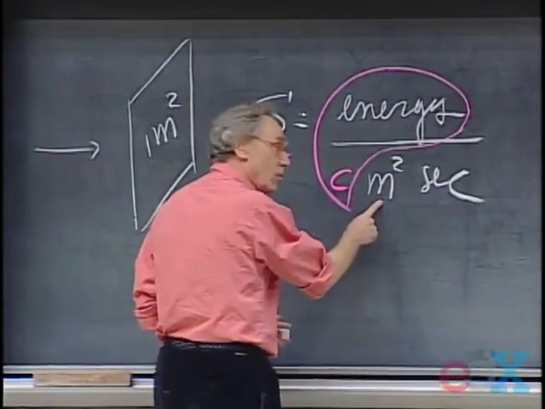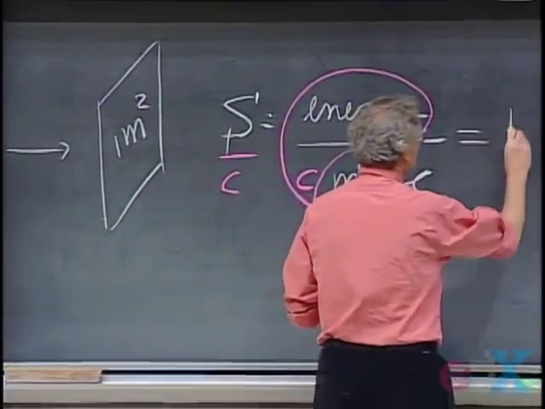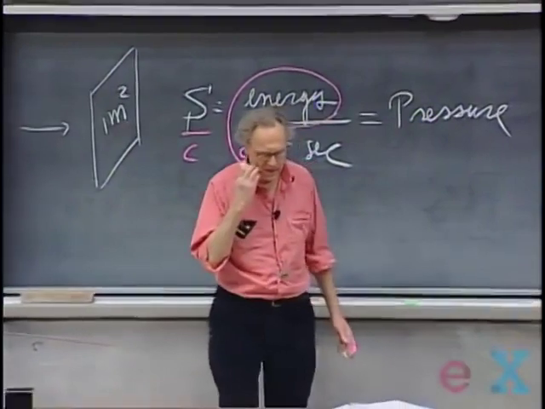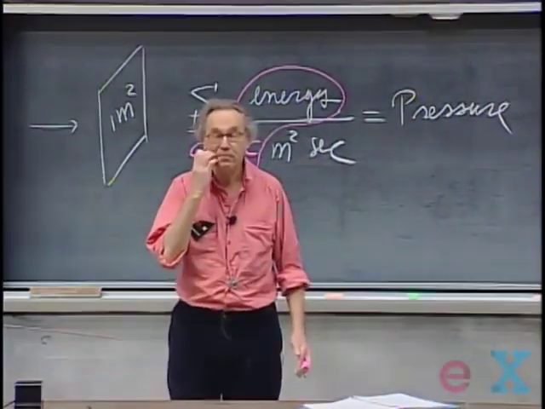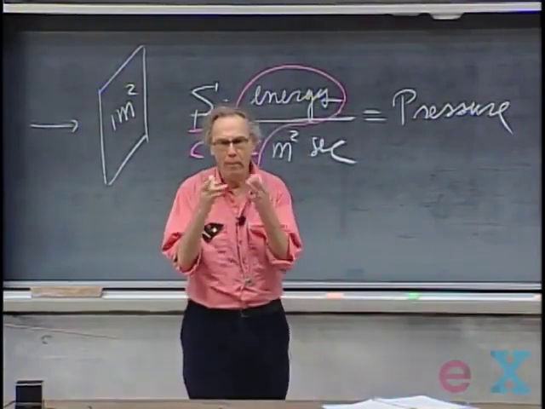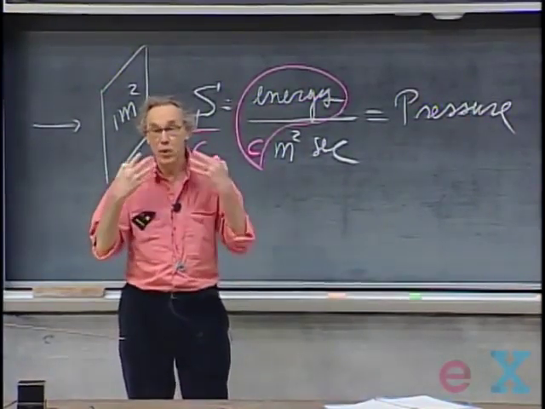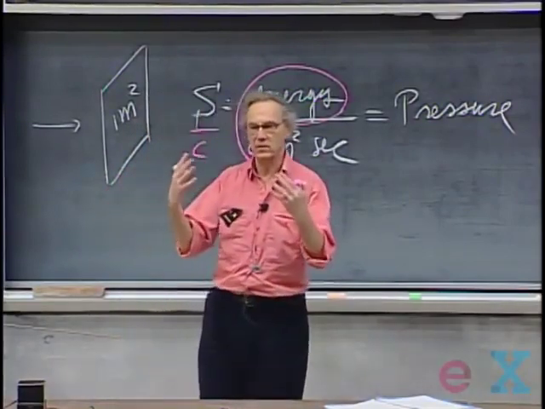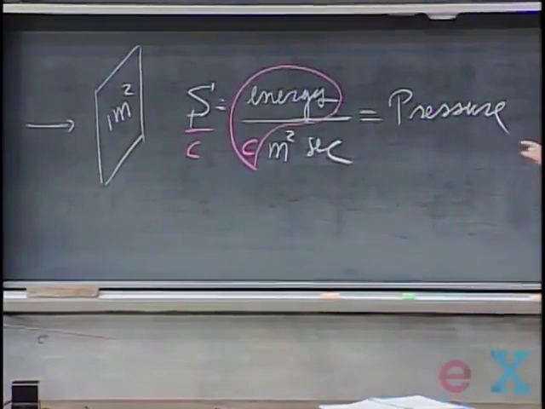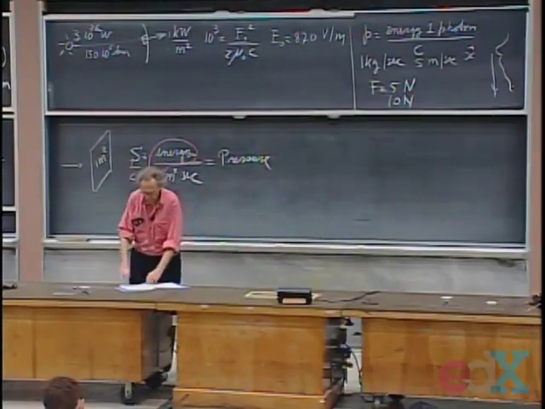But a force per square meter makes it a pressure. And so, this is pressure. And we call that radiation pressure. It means that if you are exposed to bombardment of electromagnetic radiation and you absorb it, you feel a pressure. The radiation comes to you and you're being pushed backwards. And this is the pressure that you will experience.